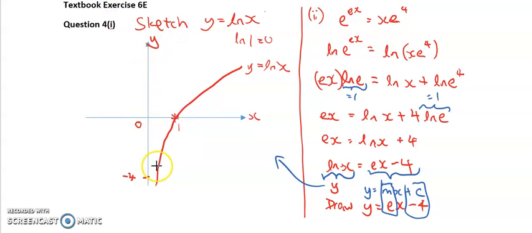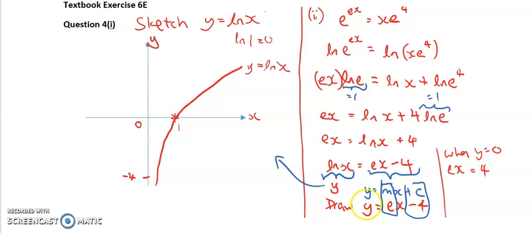To draw a straight line, we basically need 2 points on the equation. We already have 1 point, the y-intercept, y equals minus 4. So we can do a little bit of calculation. The y-intercept is when x equals 0, so we can substitute y equals 0 to find out where the x-intercept is, before 1 or after 1. When y equals 0, x will be equal to 4.